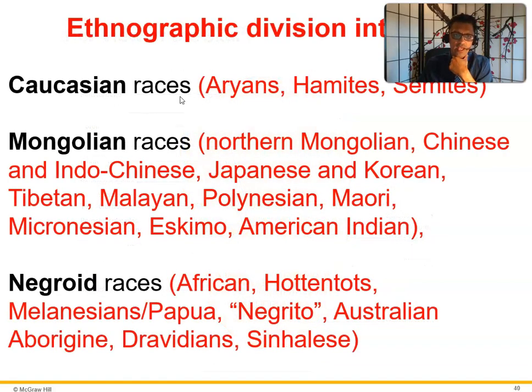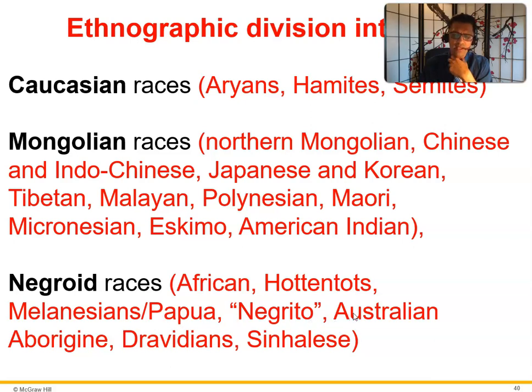There's the Caucasian race, which are the Aryans, the Hamites, and the Semites. There's the Mongolian race, which is Northern Mongolian, Chinese and Indo-Chinese, Japanese, Korean, Tibetan, Malayan, Polynesian, Maori, Micronesian, Eskimo, American Indian. And there's the Negroid race, which is African, Hottentots, Melanesian, Papua Negritos.